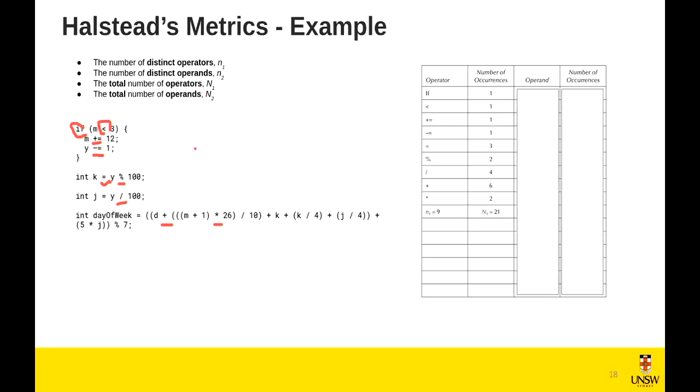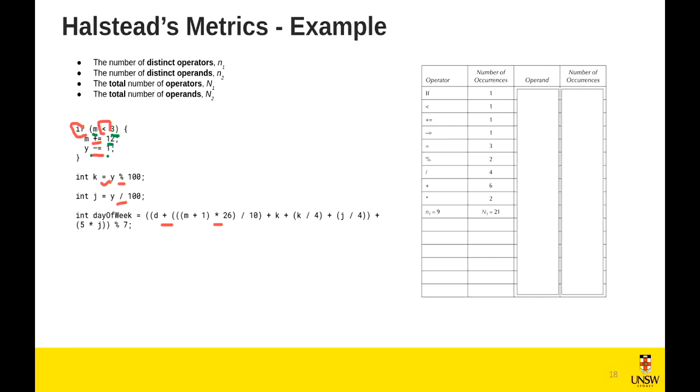So let's try to calculate the operands here. The first unique operand is M, right? The second one is 3, because we need to count variables and constants as operands. And the third one is 12.